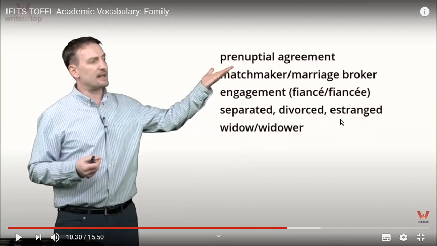And an estranged family is a family that doesn't live together, and also they don't speak to each other. They hate each other very much, but they are married. Is it clear? They don't live together and they hate each other very much, but they are married.